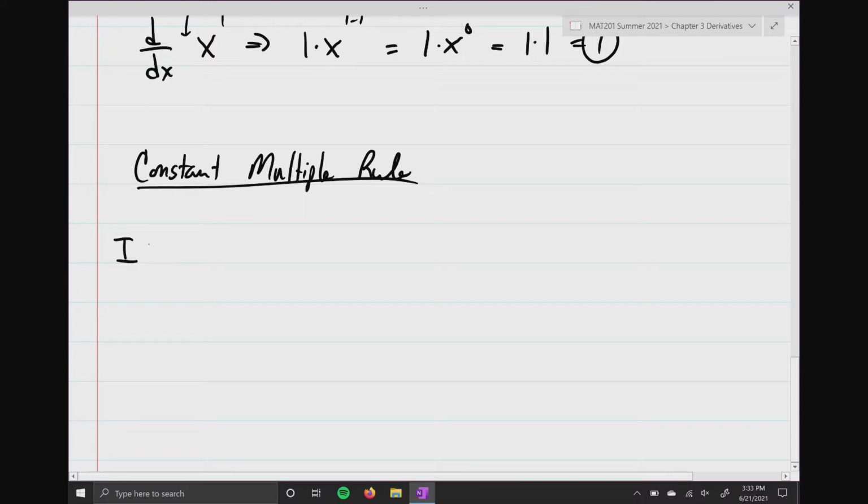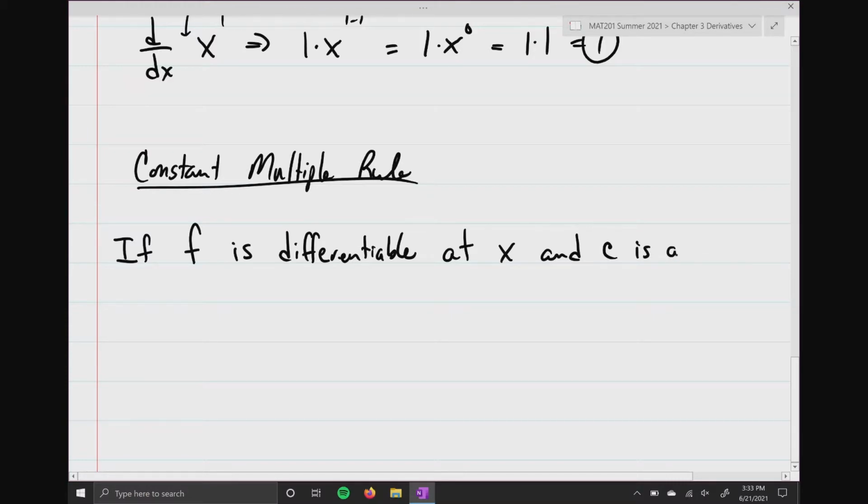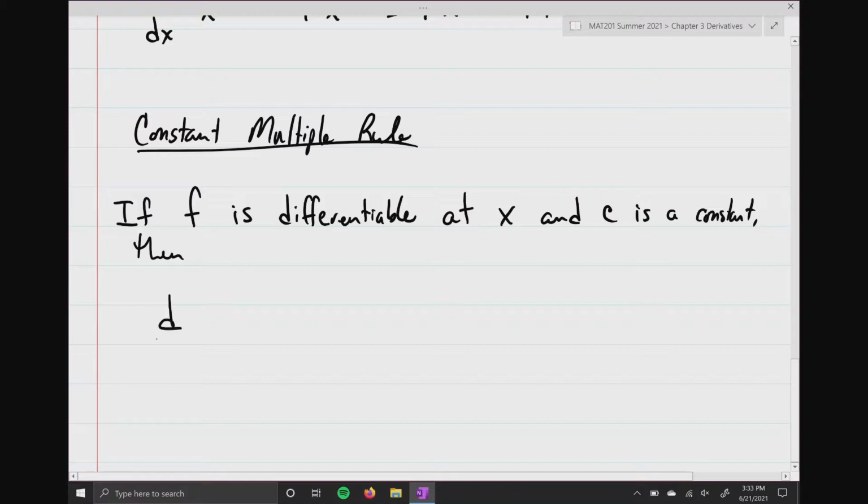So if f is differentiable at x, meaning you could take the derivative, and c is a constant, then what we could do is this. Here we have a constant times a function. Well, the constant multiple rule says we can take the constant and move it out front.